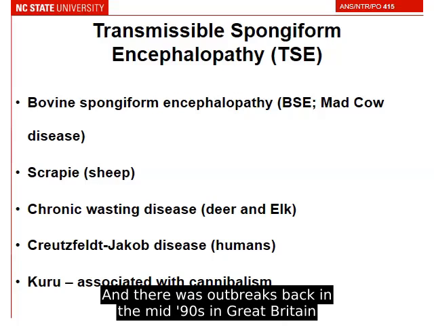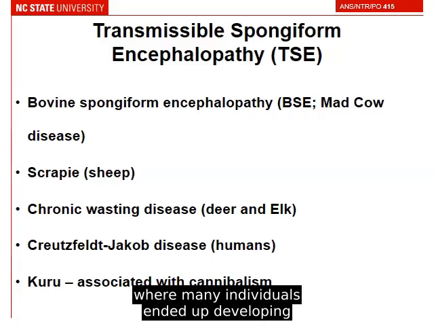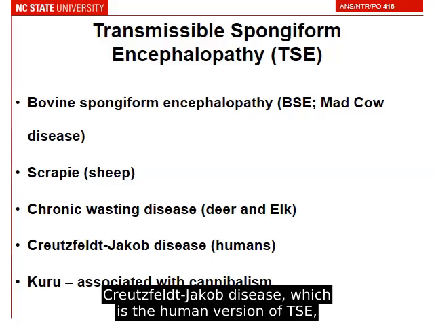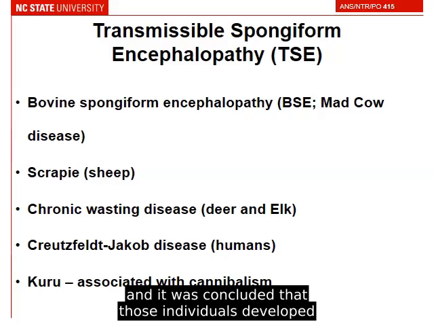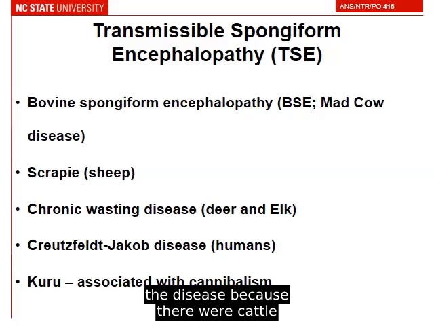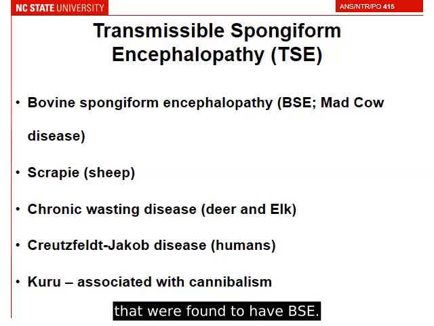There were outbreaks back in the mid-90s in Great Britain, where many individuals ended up developing Creutzfeldt-Jakob disease, which is the human version of TSE, and it was concluded that those individuals developed the disease because there were cattle that were found to have BSE.